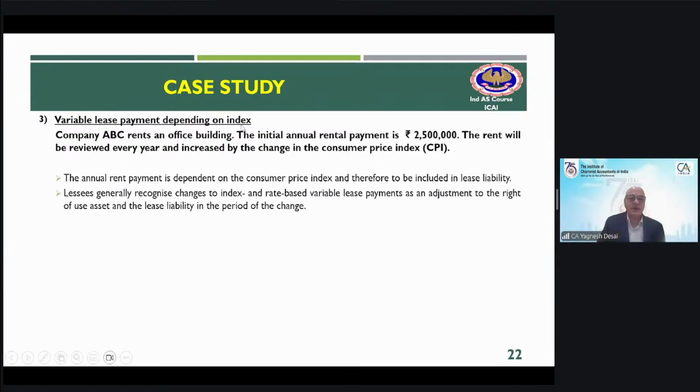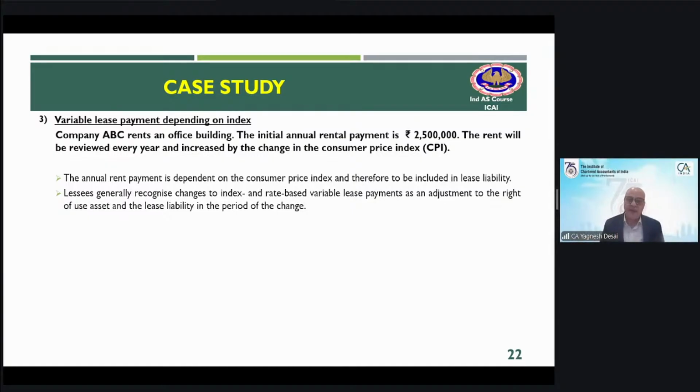Variable lease payment depending on an index: if the initial amount is 25 lakhs, the rent will be reviewed every year and increased by the change in the consumer price index. Let's take that in year one the rental is fixed at 25 lakhs rupees per annum, and the index is 100. Correct?